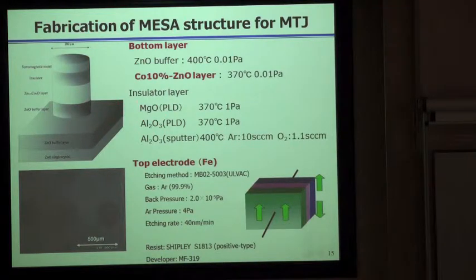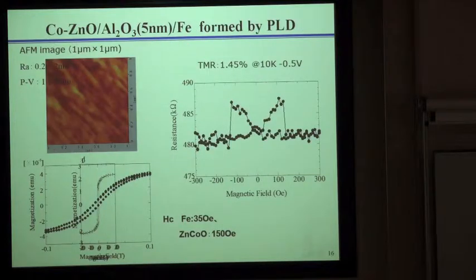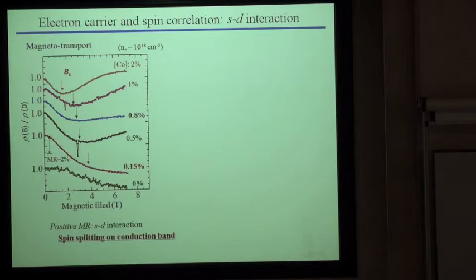One of the typical data shows the cobalt-doped zinc oxide and sapphire layers and the iron. This tri-layer shows these kinds of hysteresis natures. So actually the values are not large enough, but anyhow it demonstrates memory characteristics by using the difference of the coercive magnetic field of these materials.